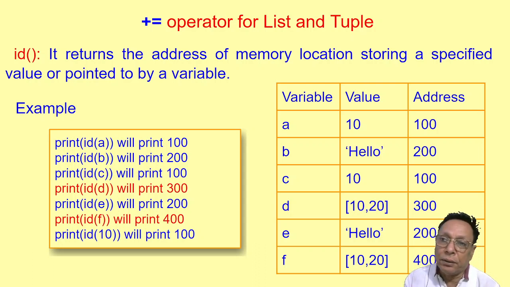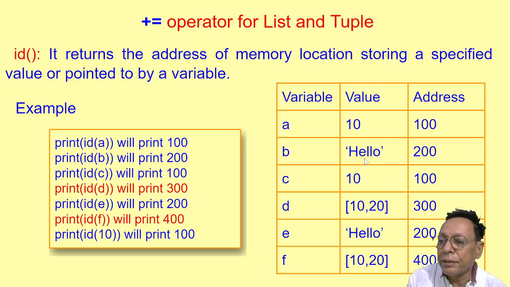You must know that a list is a mutable object, and that is why the IDs of different lists can differ. If D with 10 and 20 takes address location 300, then F, the list which also has 10 and 20, will take a different memory location. 10 is not mutable, so its address is 100.